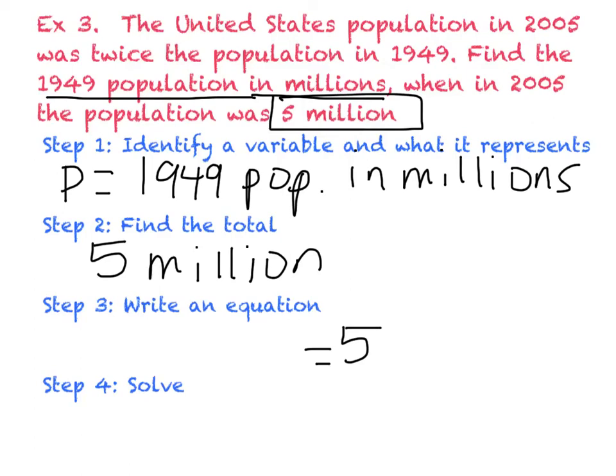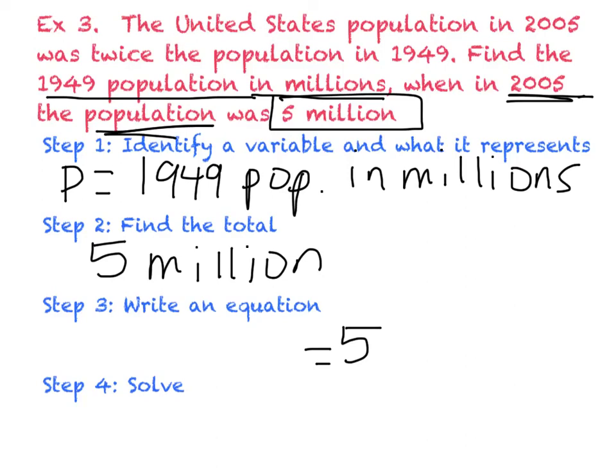So now I need to look for what should go on the other side of my equation. So 5 million I know represents the 2005 population. And it tells me that the population in 2005, so this total, equals twice the population in 1949.